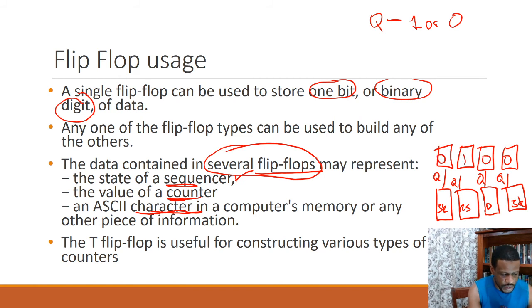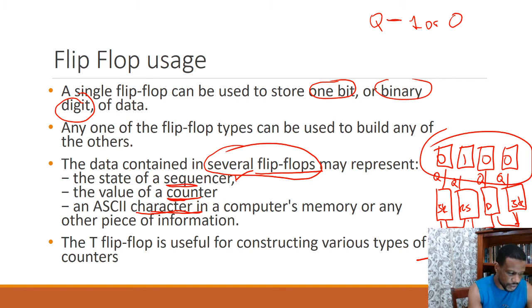If I want to represent a number, all I have to do is chain some flip-flops together. For lack of a better word, I chain them up like this. And once they are chained together and I have the appropriate input coming from wherever it is, I can make numbers.